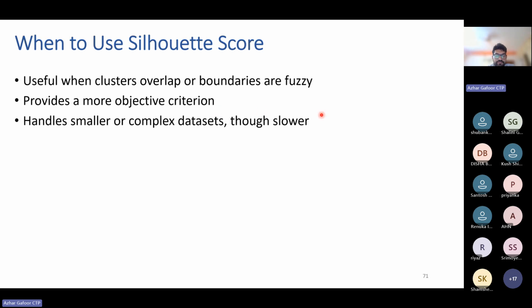We have to satisfy the inter-class and intra-class separations, which is very well captured in the silhouette score. It handles small as well as complex data sets, but it's slower because it has to calculate the distance between points in the same class, then different clusters, and see which is lowest.